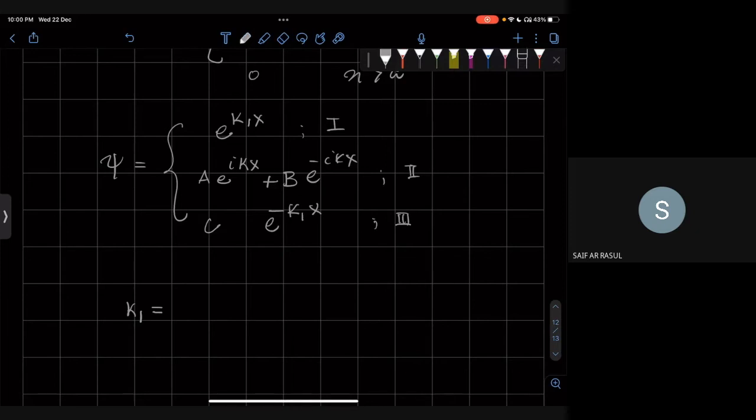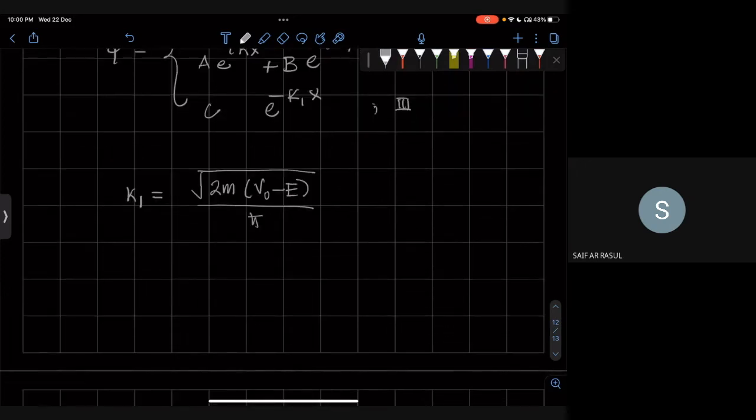So K1 is the square root of 2m times V naught minus E, over H bar.